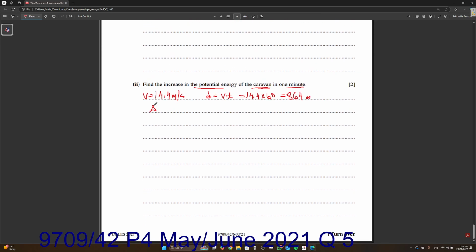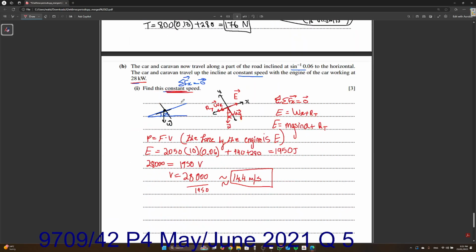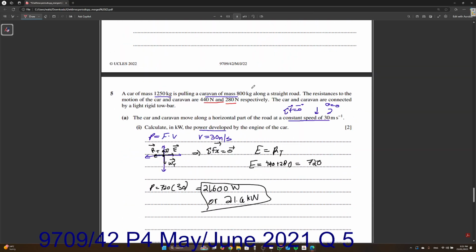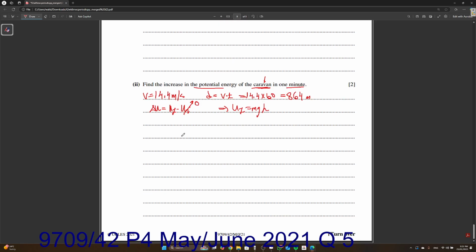Okay, we know that potential energy, considering we started at 0, right? So delta U is equal to U final minus U initial, and we're going to cancel U initial as 0 because we started at the bottom of the plane. What is U final equal to? U final is equal to mgh. What's the mass of the caravan? Okay, please, we're only considering the caravan. Don't solve for both. The caravan is 800 kilograms. So U final is going to be 800 times g, which is 10, times the height, which, when working with an inclined plane, is the distance traveled times sine of the angle.